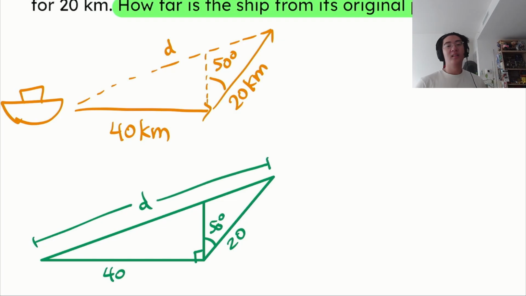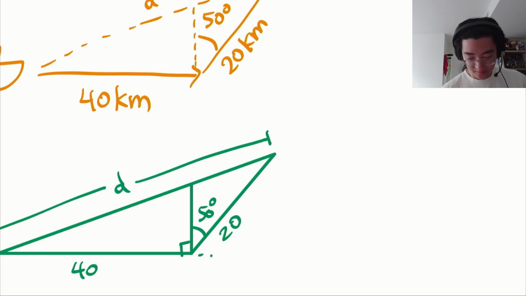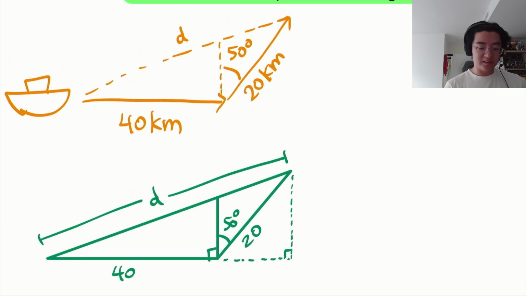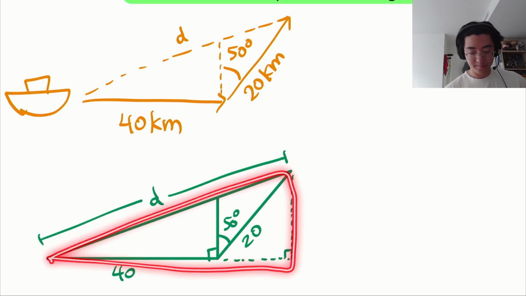Okay, so now what we can do here is we can actually just make a new triangle out of this. Because you can imagine if we extend out this little point here to make it into a triangle, this will make a right angle here. And now this D here, this distance, becomes our hypotenuse.